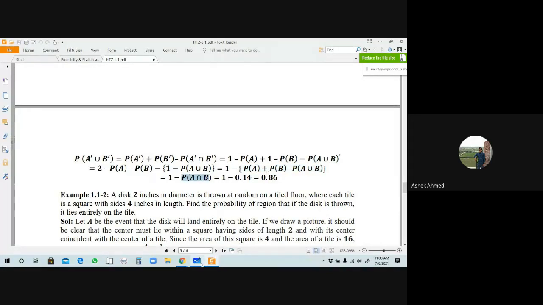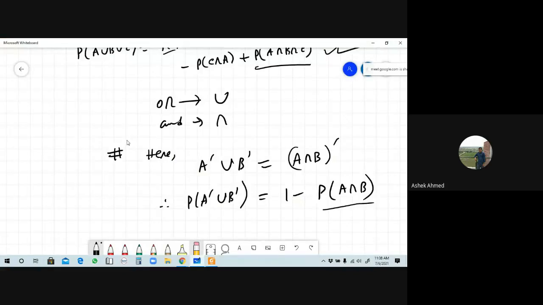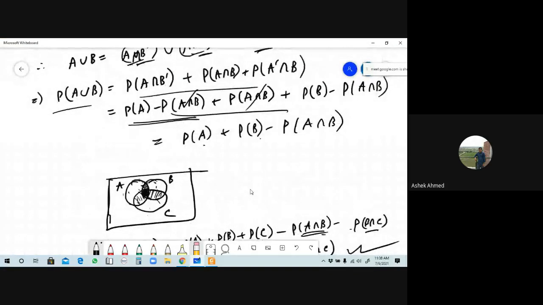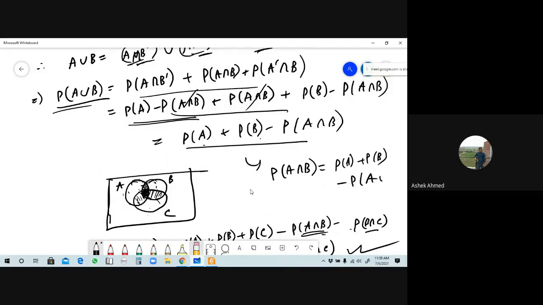Since we know that the probability of A union B equals the given result, tell me, from here the probability of A intersection B will be the probability of A plus probability of B minus the probability of A union B. Is it right?